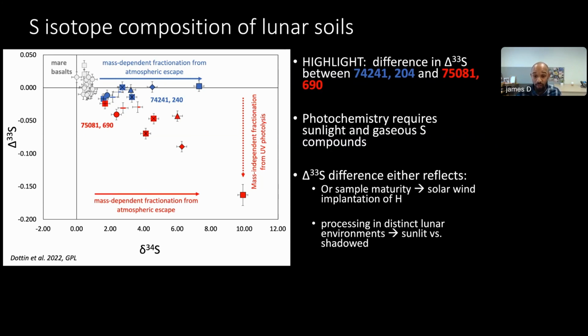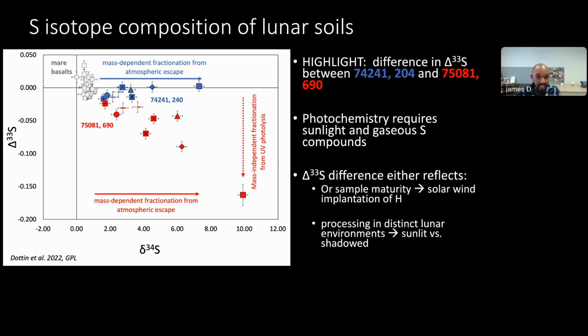And photochemistry requires sunlight and gaseous sulfur compounds. So the difference between the two samples either reflects, say, a difference in sample maturity. We know that 74241 is an immature soil and 75081 is a submature soil.